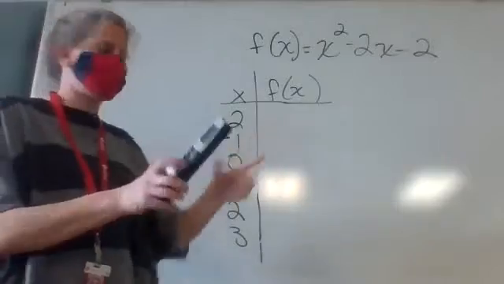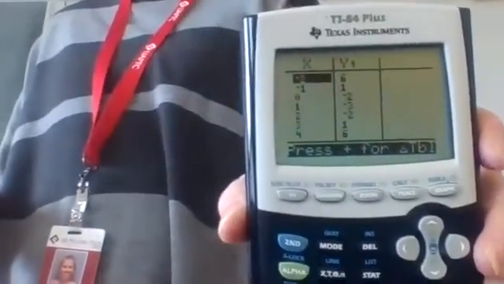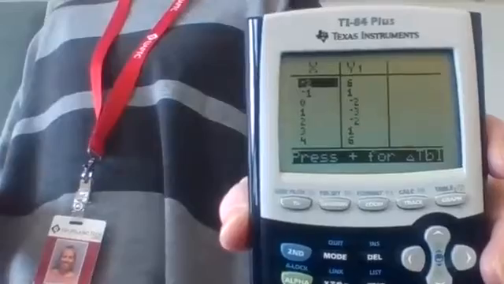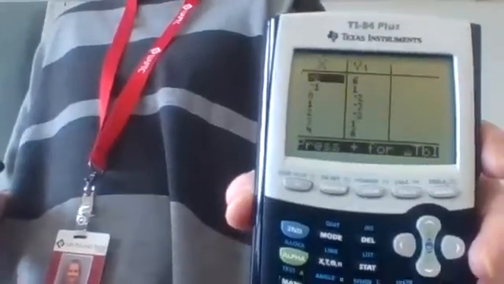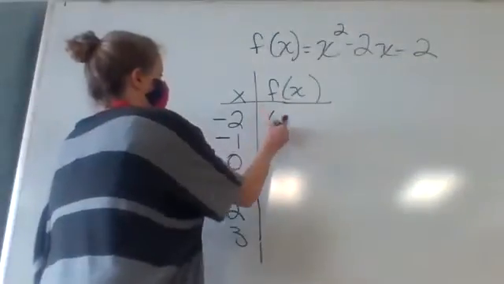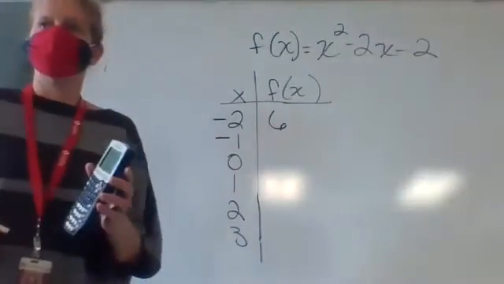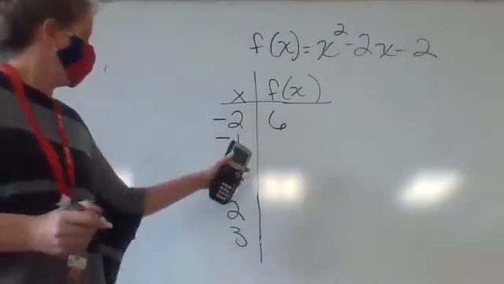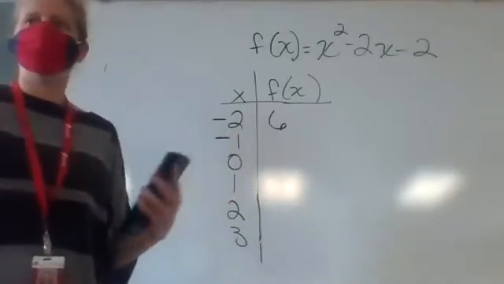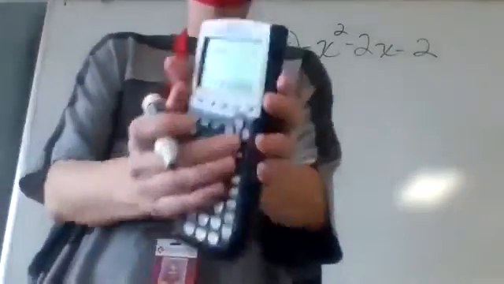So my first x is -2, and my cursor just happens to be on it. So what's the y that would go with that? It should be 6. What goes with the -1? Oh, I bet you were off the line.